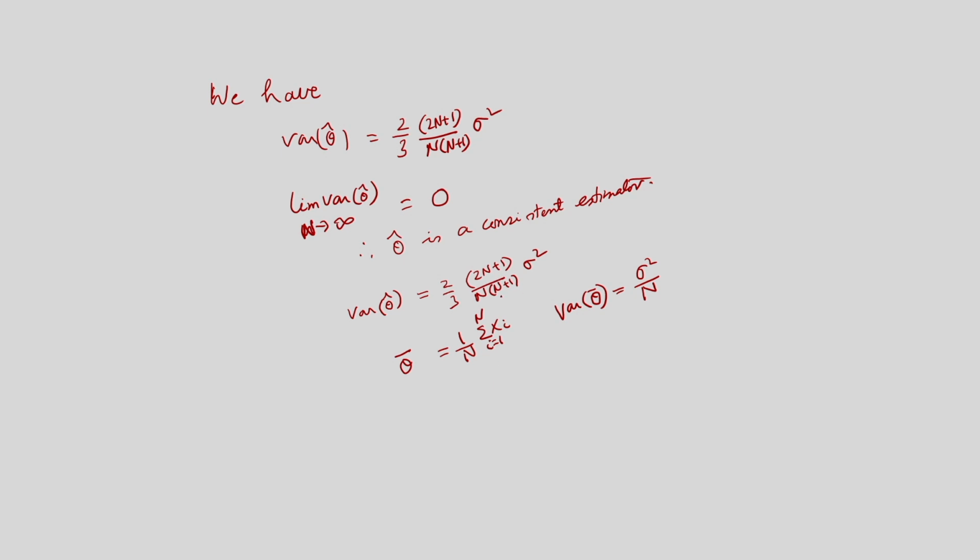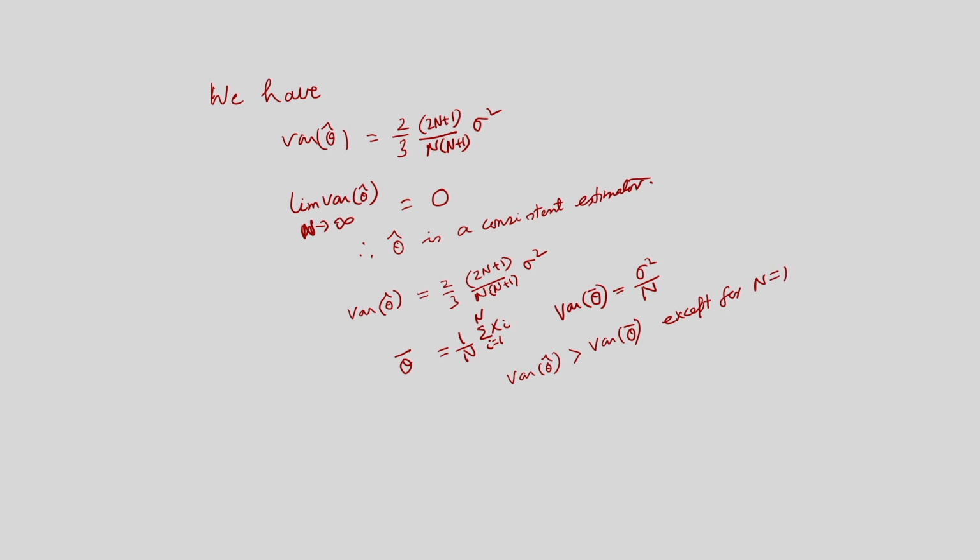We can, because this expression is always larger than 1 by n. Of course, for n equal to 1, both will be the same, but otherwise the variance of theta hat will be greater than the variance of theta bar, except for n equal to 1.